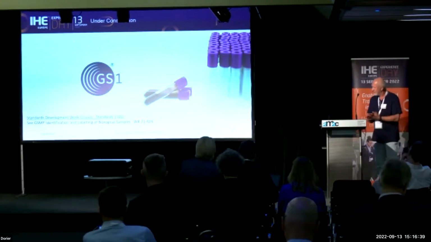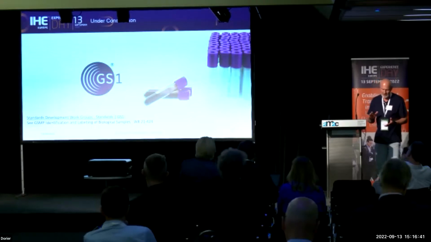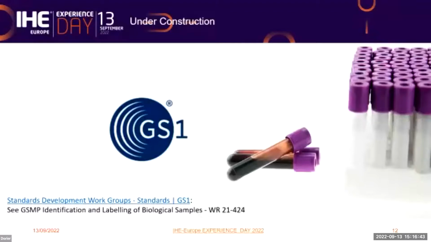We have a few gaps in our user guidelines. One is human biomedical material samples. They have a barcode, and it is a barcode of the company. So we have, in my company, our barcode, and we have a lot of other labs, and they also use their own barcode.